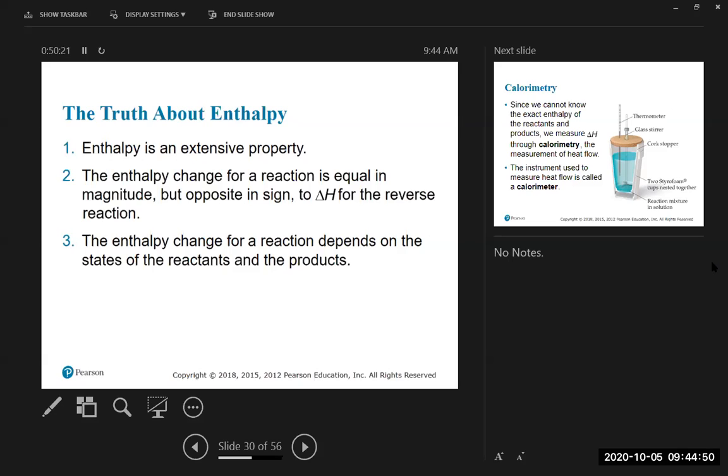If I'm doing a reaction and I calculate the delta H and I find out it's an exothermic reaction, that's giving off heat, right? If I do a really small amount of material and it gives off heat, say for instance, lighting a match, okay, that's an exothermic process.